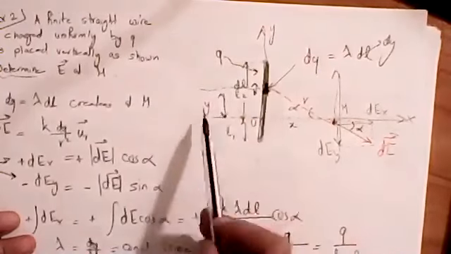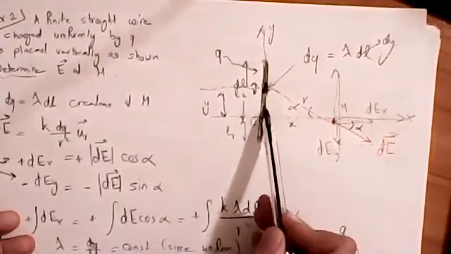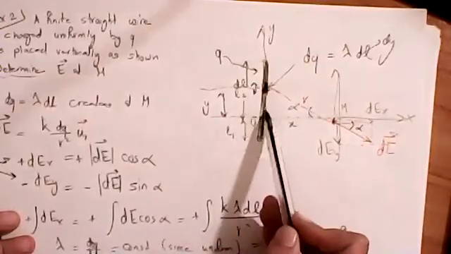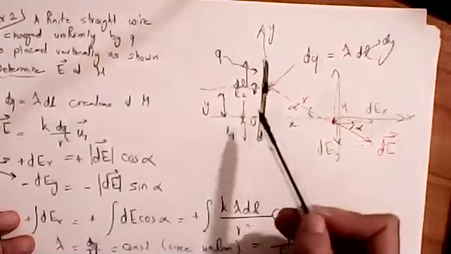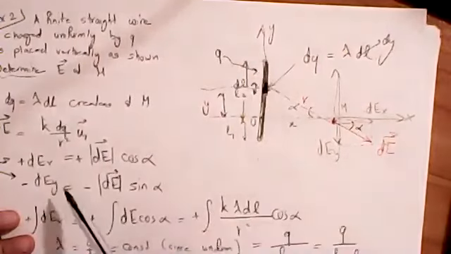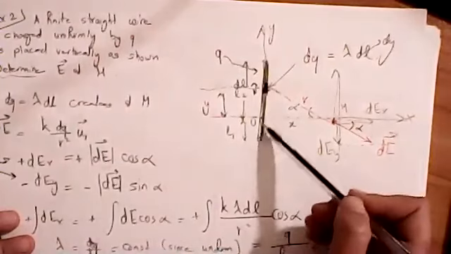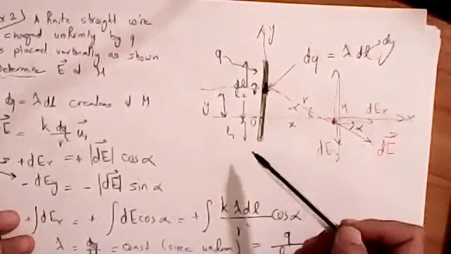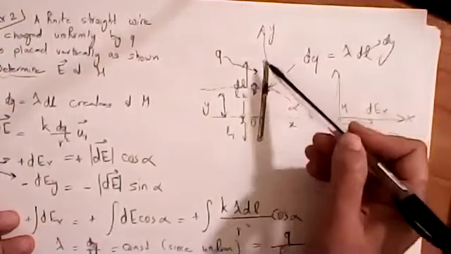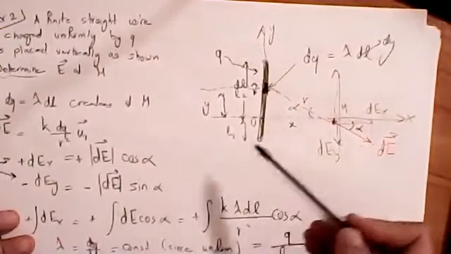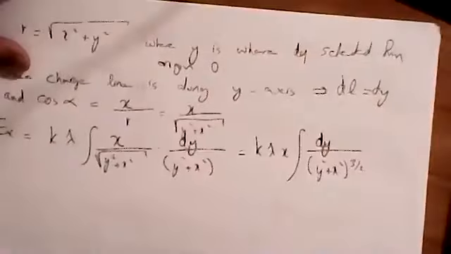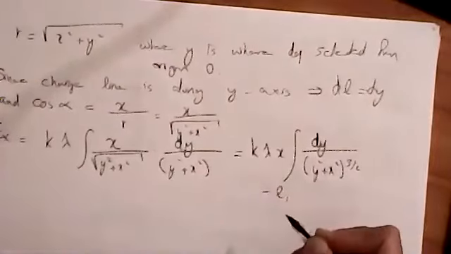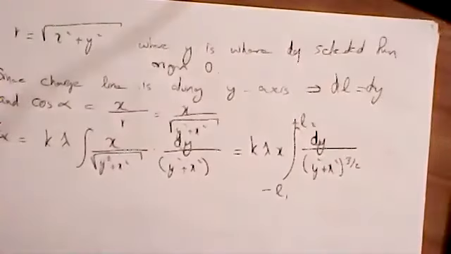So if I say y is a variable, it could be from here to here, or from here upward, from here up to what? Up to L2. But if I say from 0 to L2, I would only take this piece. I also have a part below the x-axis, below the origin. So it is not from 0 to L2, but from minus L1 to plus L2, because there is something below the origin and something above the origin. So it is from minus L1 to plus L2.